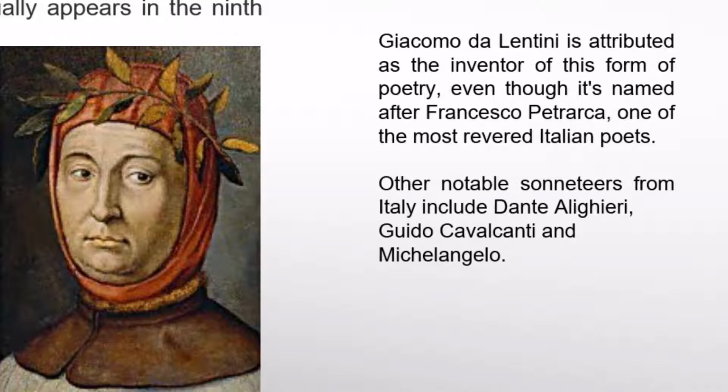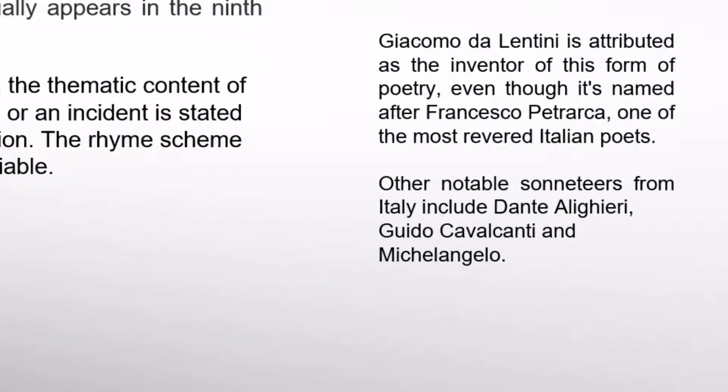Petrarca was more popular and better known in his time in Italy than Giacomo da Latini, so the Italian sonnet is named after Francesco and not Giacomo. Technically it should be called the Latini sonnet or Giacomo sonnet, but Giacomo is not really well known, so Francesco Petrarca got the nomenclature.